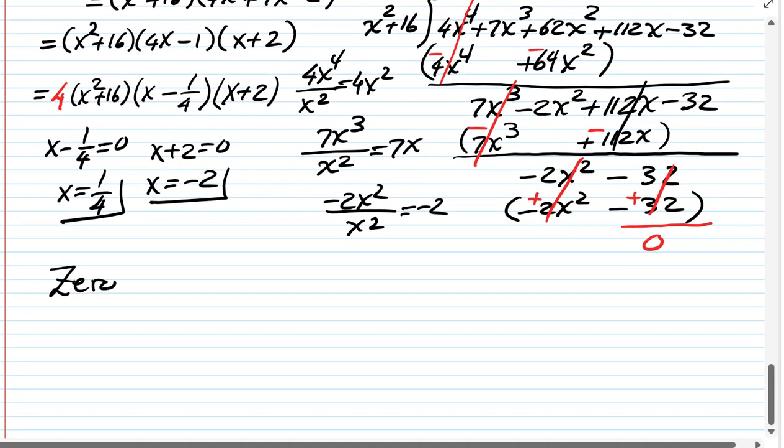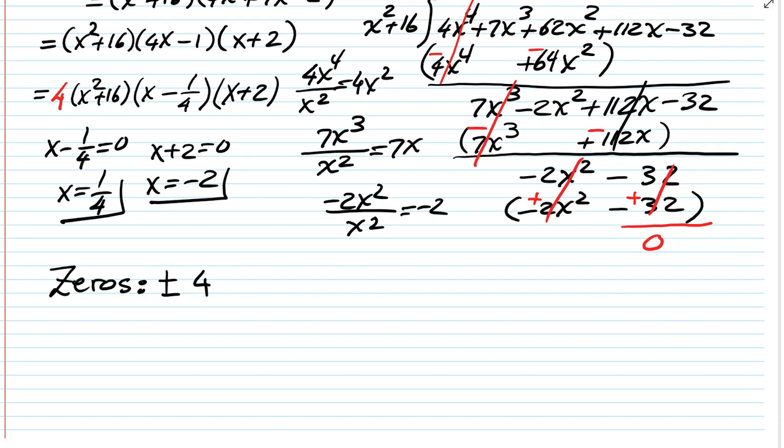Therefore, the collective zeros for this exercise are plus or minus 4i, and then we have -2 and 1/4. And what you're looking at here actually is a full factored form in standard form, right? And there you go.